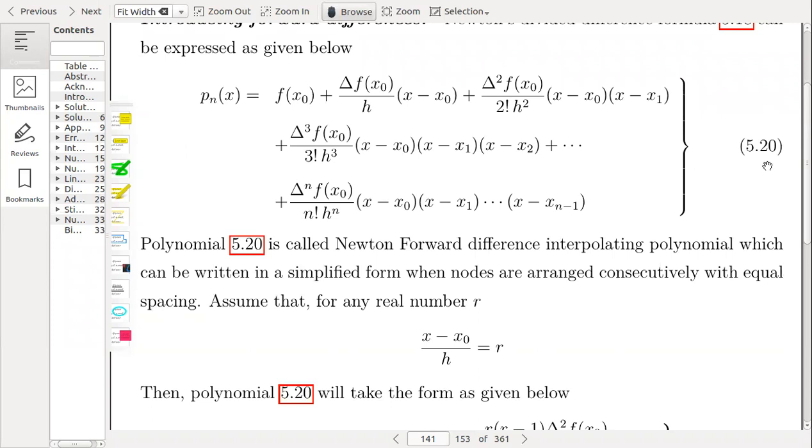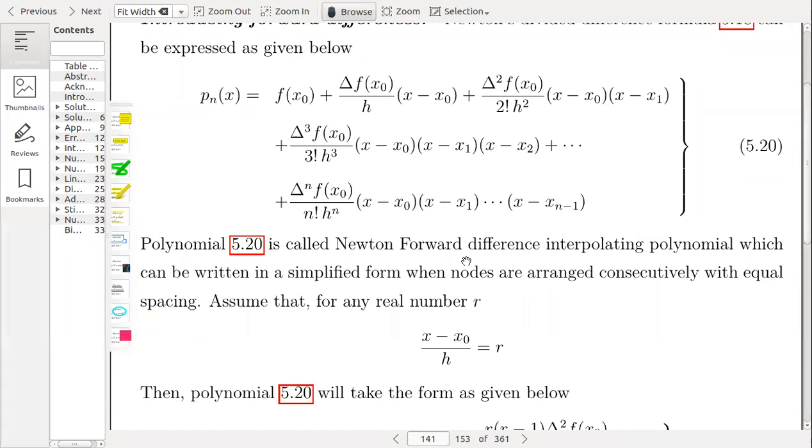So polynomial 5.20 is called Newton's forward difference interpolating polynomial. It can be written also in a simplified form when nodes are arranged consecutively with equal spacing.